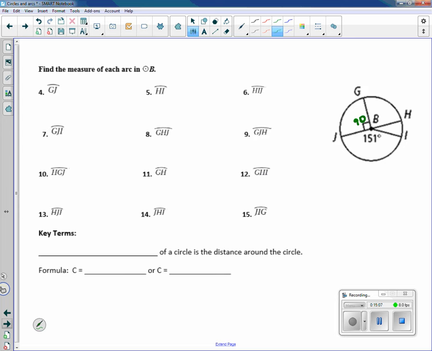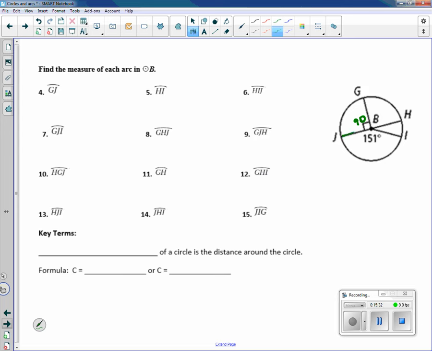We need to figure out these two right here. Tell me how am I going to figure those out? For Q, from G to R, what would that be? 90, because I heard it over there.